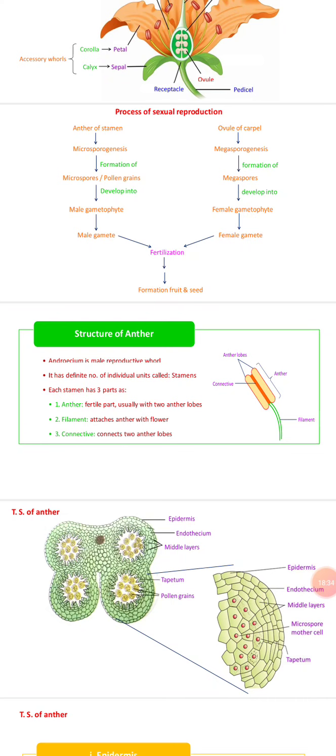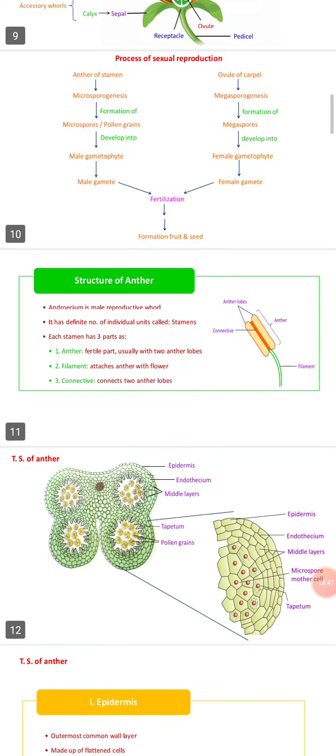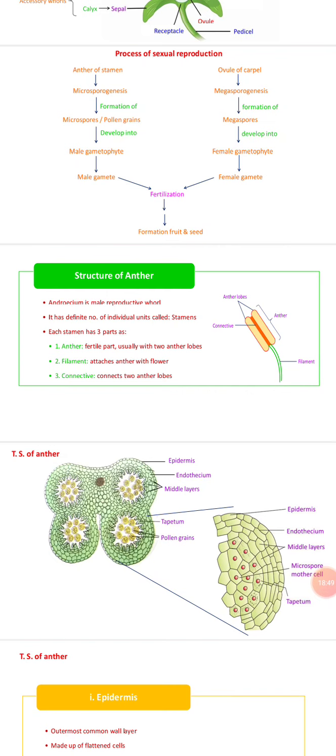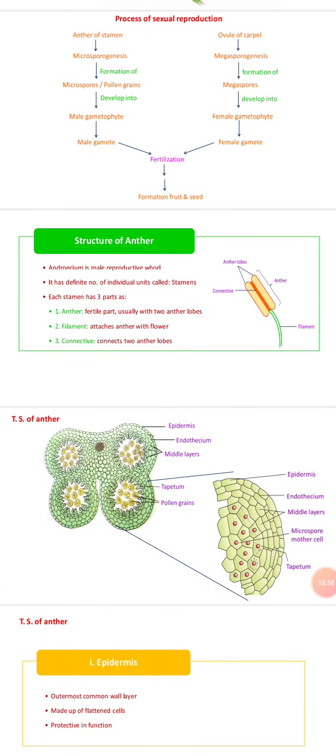The megaspore acts as the female gametophyte in sexual reproduction. The female gamete comes from the ovule and the male gamete from the pollen grain. If they fertilize with each other, then fertilization takes place, and then the formation of the seed and the fruit normally takes place.